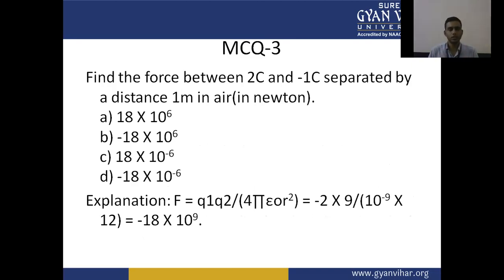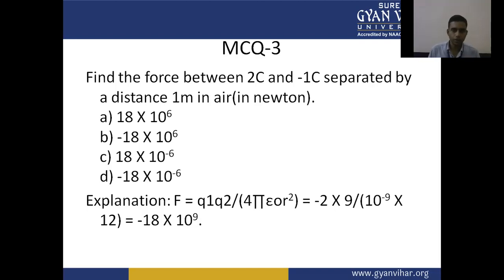Question number three says: find the force between 2C and minus 1C separated at a distance of 1 meter in air. The formula to calculate the force by Coulomb's law is F equal to Q1 Q2 upon 4 pi epsilon naught R square.